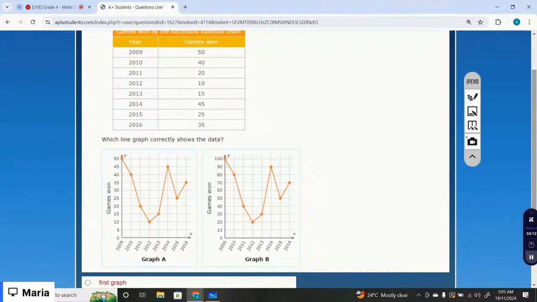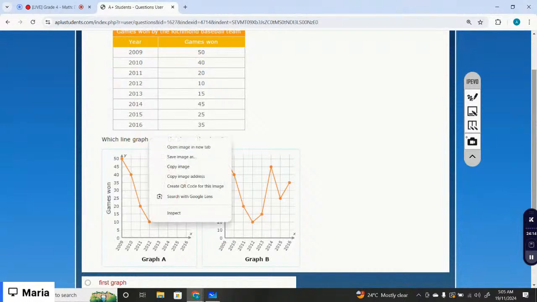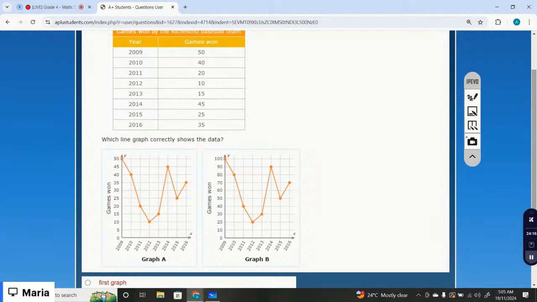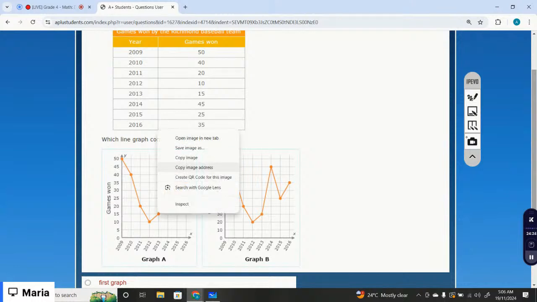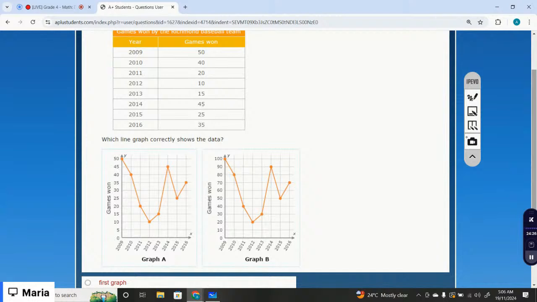2012 10 it is. 2013 15 it is. 2014, here is 45. Then you have 25 and then you have 35. Graph A is the correct option.